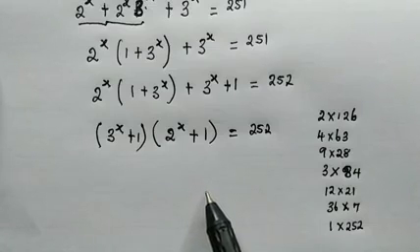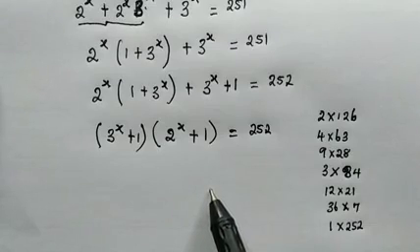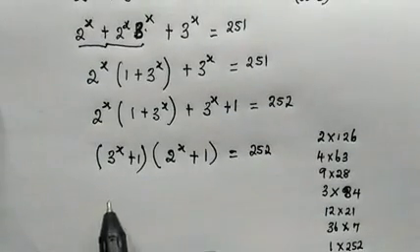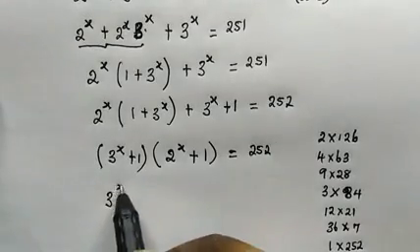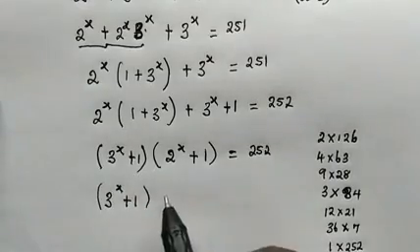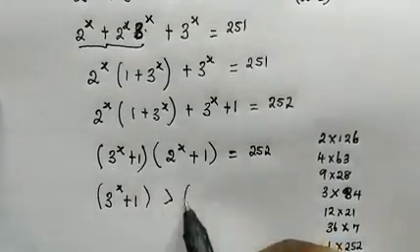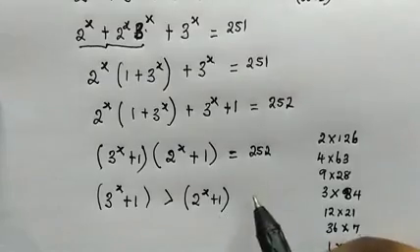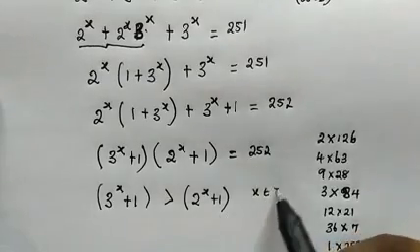Right? Okay. So now let's get into the main stuff. From here, we know that 3 to the power of x plus 1 is greater than 2 to the power of x plus 1 since x is an integer.